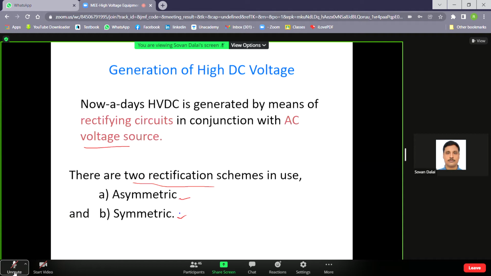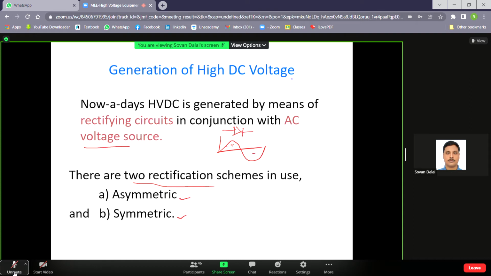Just for your understanding, if the diodes conduct identically in both the halves of the AC cycle, then this circuit is called a symmetric circuit. If the conduction periods of the diode are not identical in both the halves, then this circuit is called an asymmetric circuit.